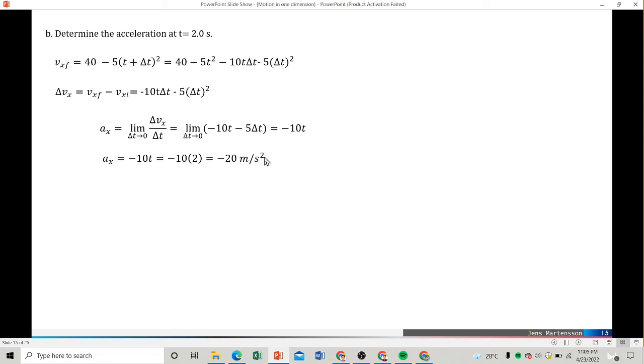So at time equals 2, negative 10 times 2 is equal to negative 20 meters per second squared. We can also use the derivative operation, since the definition of the limit is equal to the derivative of a function.